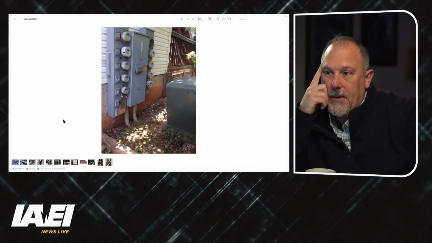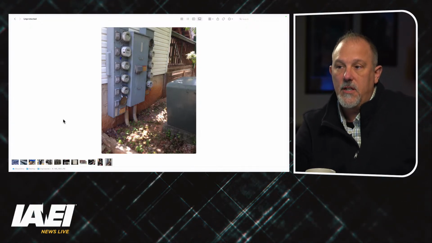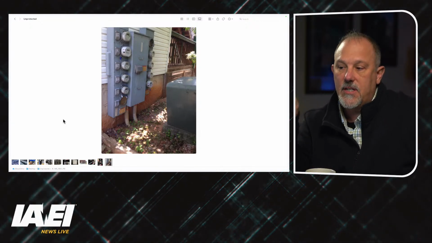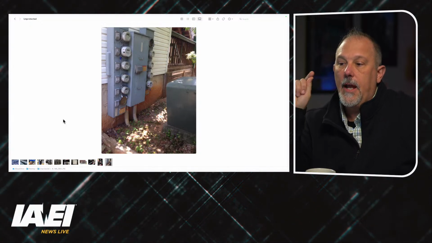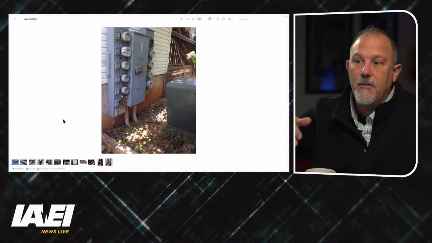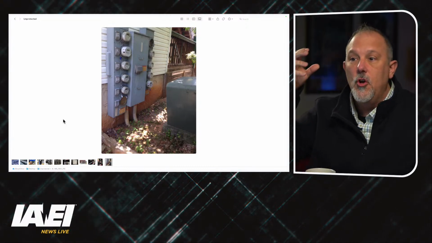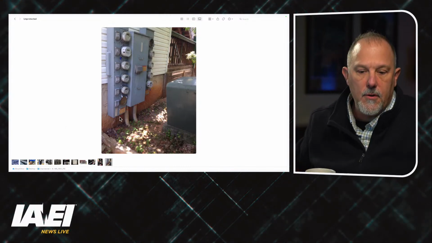So here's another good picture. Took this one down in Alabama. What I liked about this photo was the transformer. The utility transformer is right there outside of that piece of equipment, and the available fault currents are going to be higher. The conductors that are in that raceway are coming from the transformer. We have rules in Article 230 specifically that address the protection of service entrance conductors.